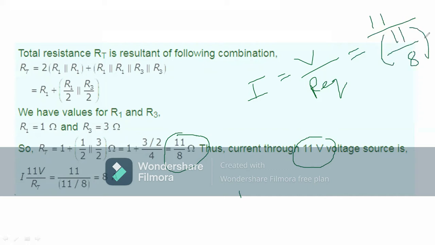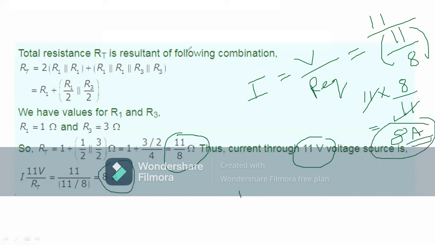If you solve, you can multiply with the reciprocal. So how much will it be? 11 into 8 by 11. 8 by 11 times 11, so 11 and 11 get cancelled. The total current flowing through the circuit is equal to 8 ampere. Of course, the right answer is 8 ampere.